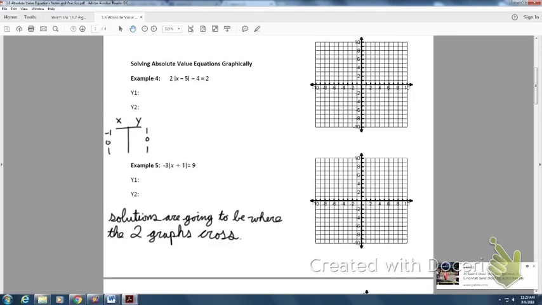And so the first thing we will graph is going to be 2 times the absolute value of x minus 5, minus 4. And then y equals 2 will be the second thing.